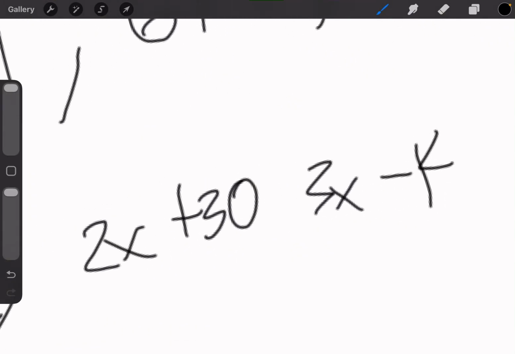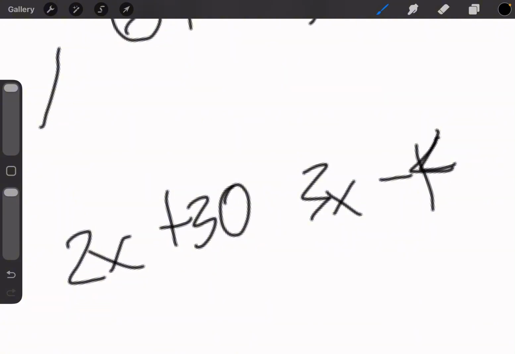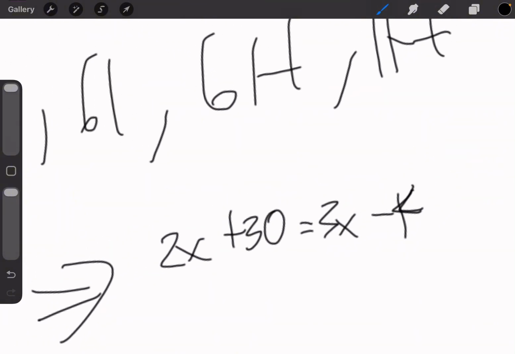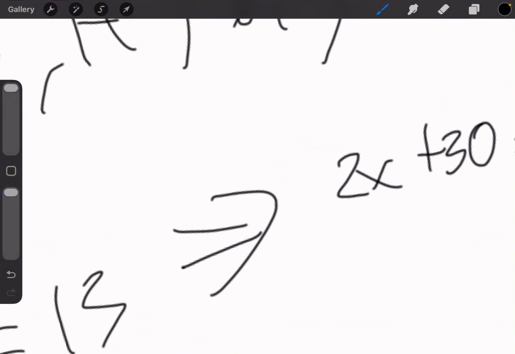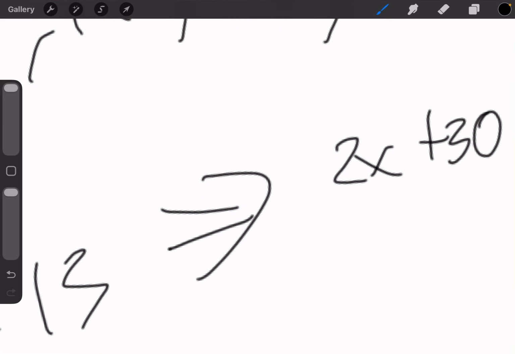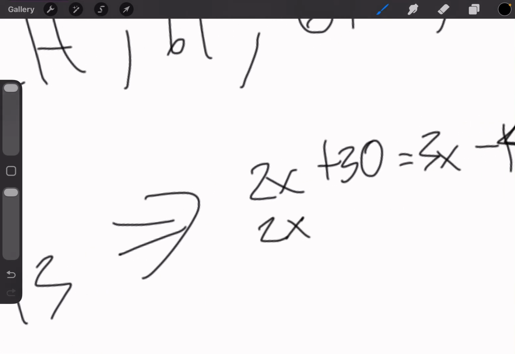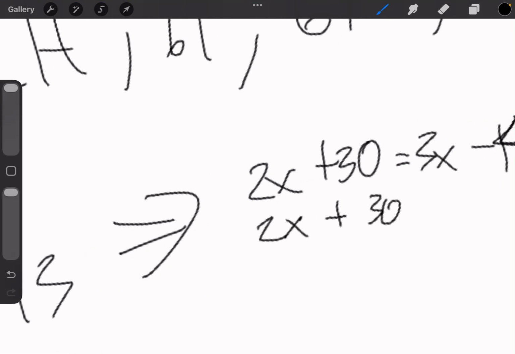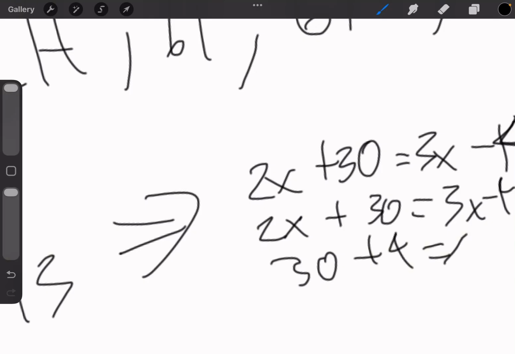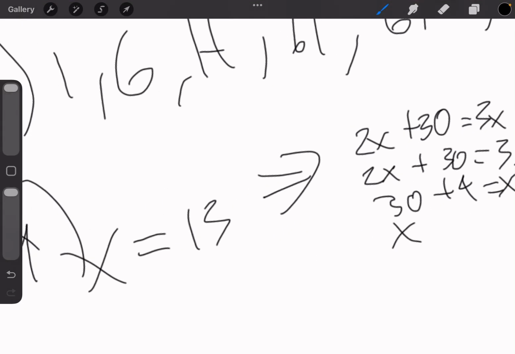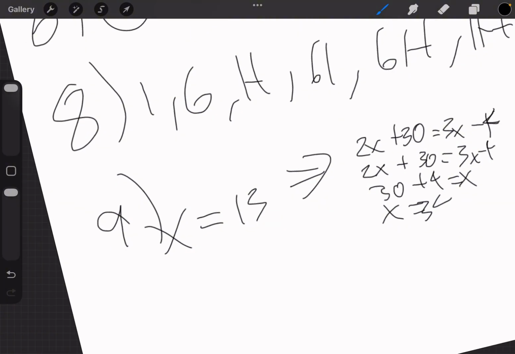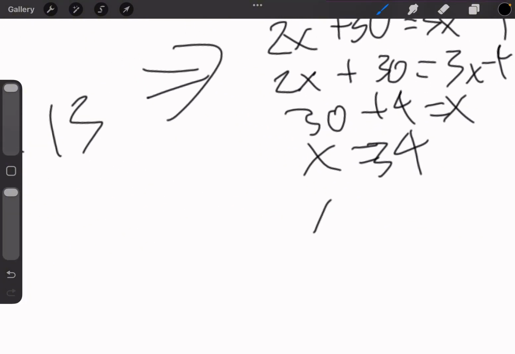Using that, I will set them equal and then solve it. 2x plus 30 equals 3x minus 4. 30 plus 4 equals x. So x equals 34. My final answer is x equals 34.